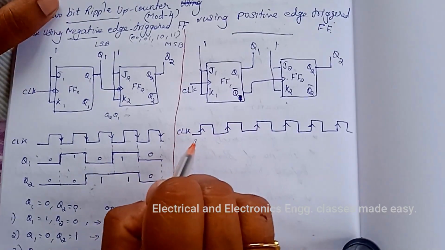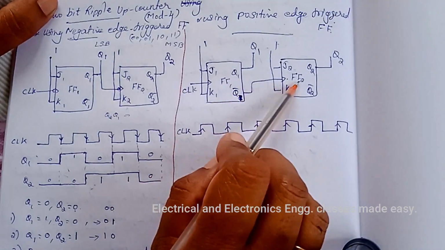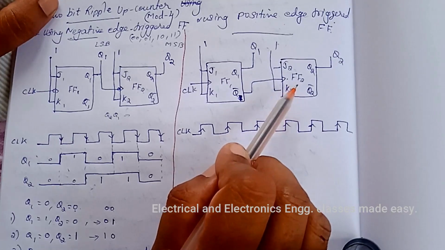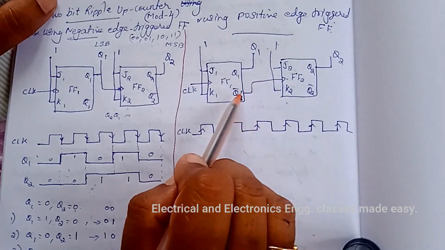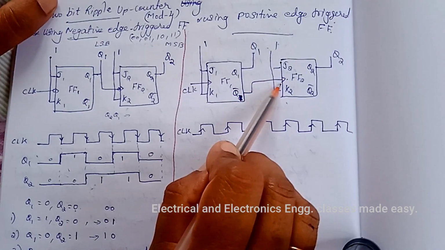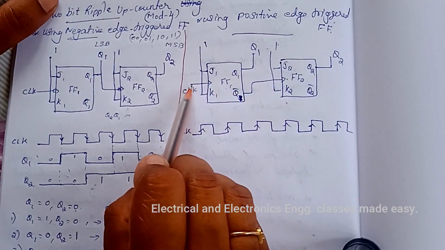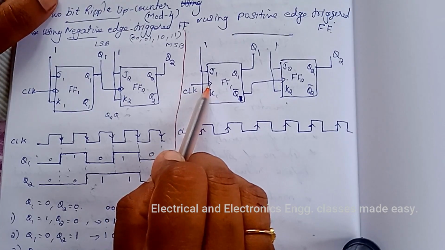So the flip-flop F2, that is the flip-flop 2, toggles whenever Q1 bar changes from 0 to 1, and this first flip-flop toggles at the positive going edge of the clock pulse.